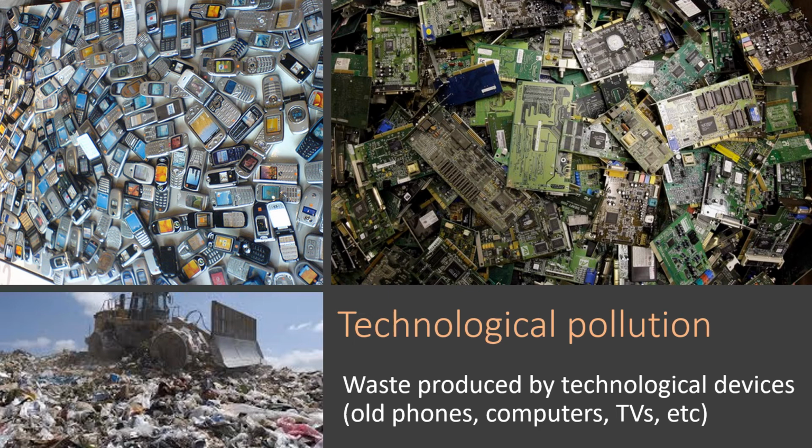For example, with cell phones, you have a cell phone that is old, maybe 1 or 2 years, and the new one just arrived, and you want to change your phone and you don't know what to do with the old phone. Some of those old phones will end up in the trash, and finally they finish in the landfill, and they have a lot of waste, a lot of trash, and that causes an environmental problem that we call technological contamination or technological pollution.